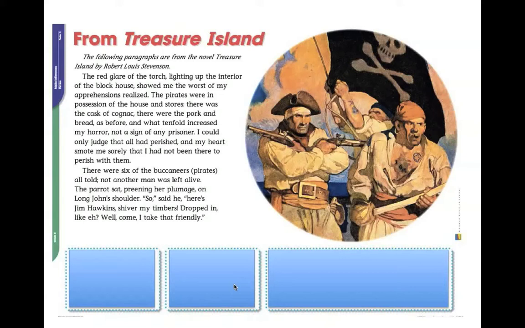Now, in classic pirate fashion, he has a parrot on his shoulder, which, most people walk around with a parrot on their shoulder, don't they? And he greets the narrator, "Shiver me timbers." These details help me paint a picture of the character Long John Silver in my mind. And the only thing really missing is that he's just not saying "arr" all the time, which would make it much better.